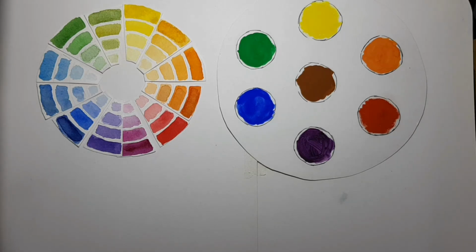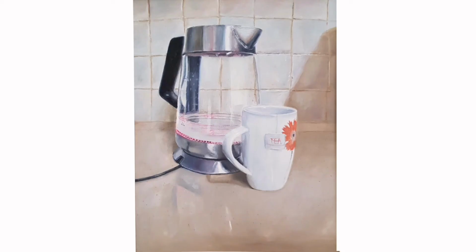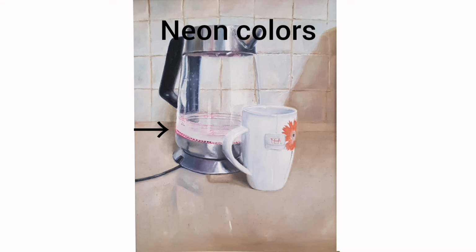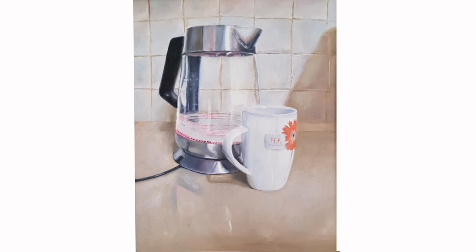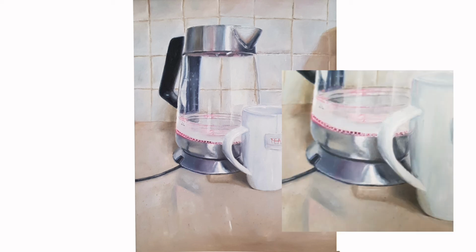Now let's talk about how to create special colors. Let's start with neon colors. There isn't really a way to create neon color by mixing colors. To make a color look neon, choose a light color or add white to the color, and make the surrounding of this color dark and dull.